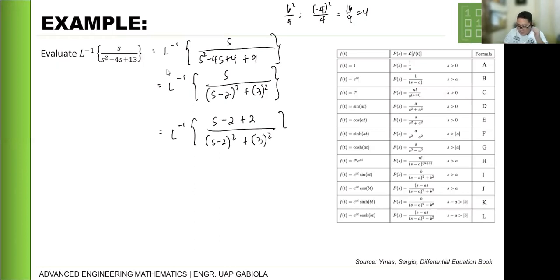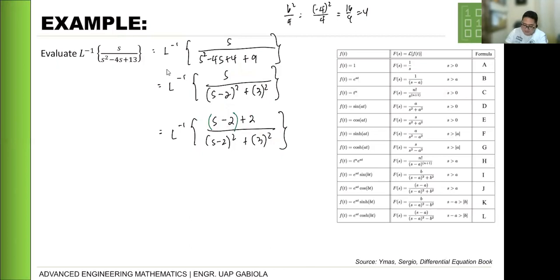So, we are actually doing this as algebraic manipulation. When you add this, it is actually 0, which does not violate our original numerator of just S. So, this just became negative 2 plus 2. Then, what I will do is put a quantity on it. Okay? And then, we can now separate these two terms. This is our first term, and then this will be our next term.